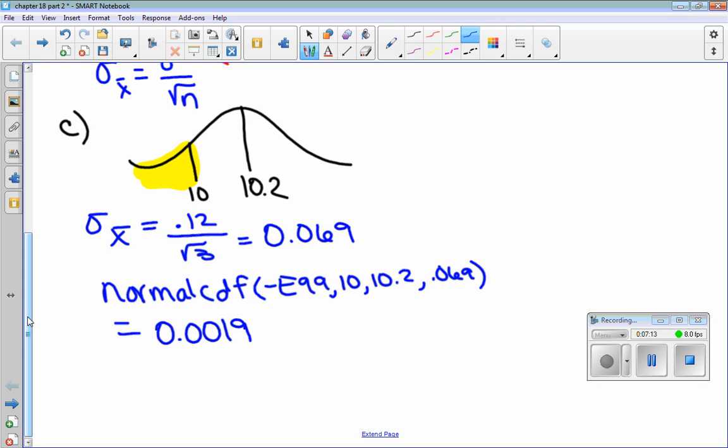Doesn't it make sense just to think about contextually for a minute? It's possible for me to get 1 underweight bag, but for the average of the 3 bags to be underweight, we don't expect that to be very likely at all, right? So that kind of makes sense. You want to make sure that your answer makes sense to you, and it should here. Again, the key phrase in the problem was the probability of the mean weights, okay? That told us right away that we had to find a new standard deviation and use the CLT.